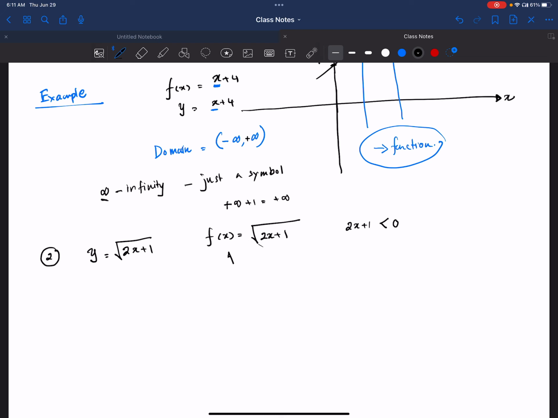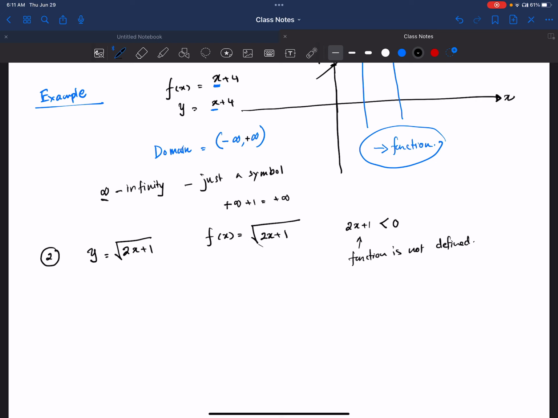So these are not real numbers. So in that case, for these values, the function is not defined. So the f of x should always get a real value. Okay, real function. It's called a real function.